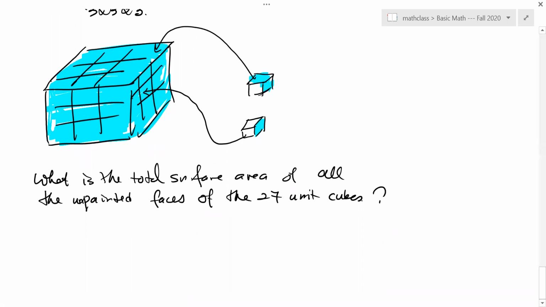It's not easy to do, right? So the idea is that we use a subtraction method to solve this problem.